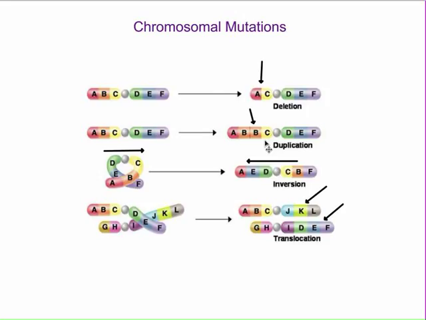In this example, we have a duplication. So section B of the chromosome has been duplicated. This isn't necessarily bad. In fact, they believe that this could actually be a way that some evolutionary mutations have occurred.